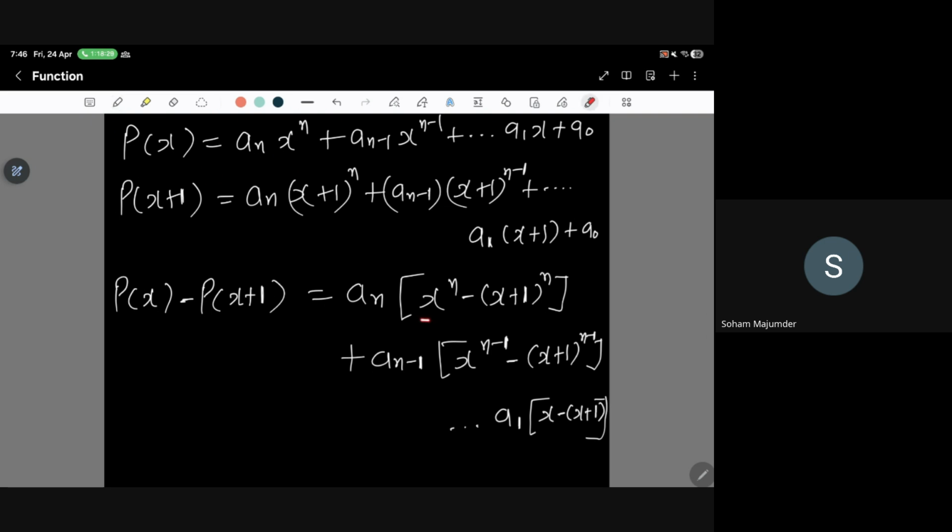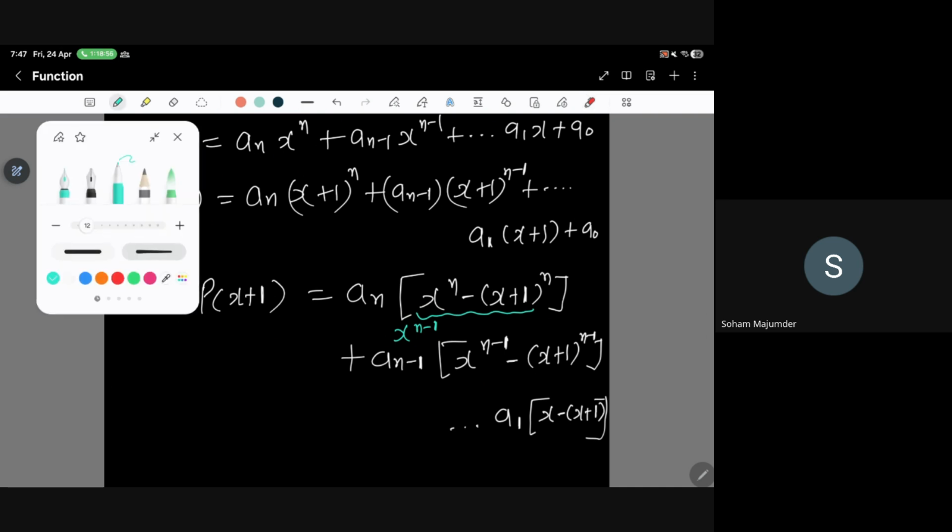Now from the first term you will get the degree of this polynomial. You can see x to the power n, and you will get x to the power n from here as well. So x to the power n will cancel out. So from this part what is left is x to the power n minus 1. Here x to the power n minus 1 will cancel out, but this x to the power n minus 1 will remain. So the degree on the LHS.